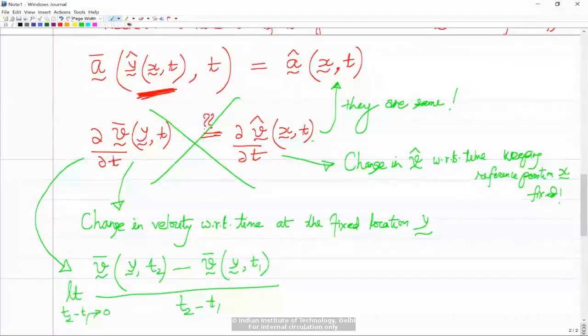That is the meaning of that partial derivative. You have to keep y fixed.